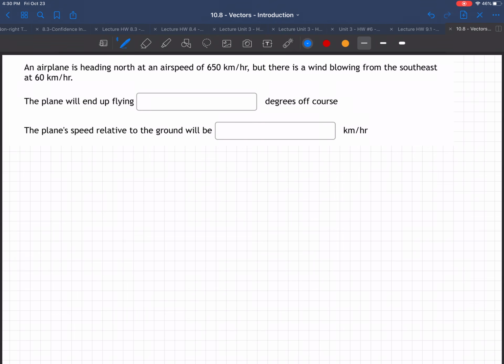So let's draw a vector coordinate system down here. Okay, remember our directions. This is north, south, east, and west. The airplane is heading north at an airspeed of 650 kilometers per hour.